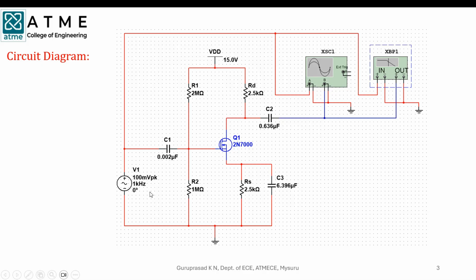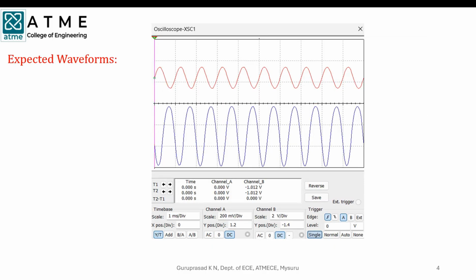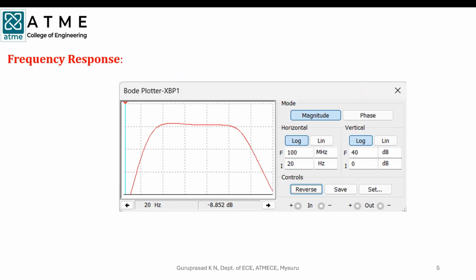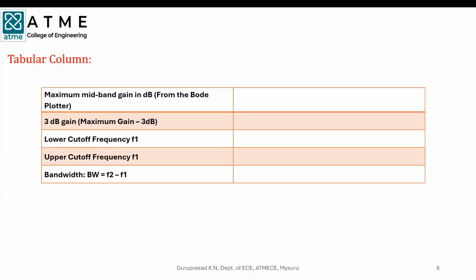And also I have chosen one AC signal source for the input signal and CRO, and to observe the frequency response I have chosen a Bode plotter. So our output and input waveforms will be observed at the end, which will be looking similar to this, and we will also observe frequency response using Bode plotter, and we will tabulate the readings from the graph.